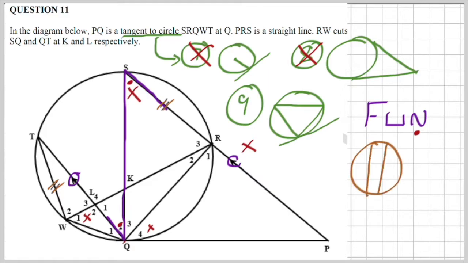Well, there's a theorem that says if I've got sides or chords that are equal, the angles opposite those chords in the same circle segments will be equal. So Q1 is equal to Q3. That is a very important one, often overlooked, ladies and gentlemen.